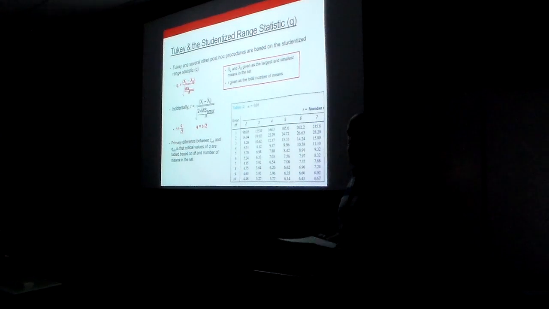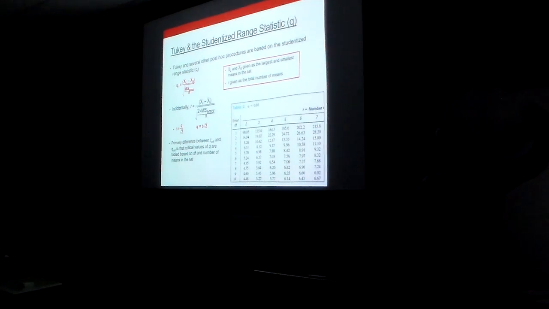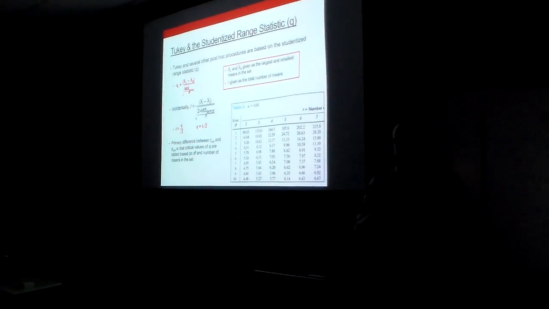Because I'm making more comparisons, right? If I've got 3 means, how many pairwise comparisons can I make? With 3 means? 3, right? If I take K times K minus 1 over 2, that's going to give me the number of unique pairwise comparisons I can make.